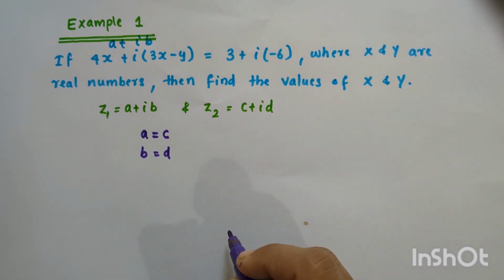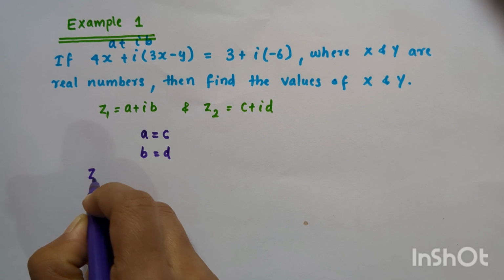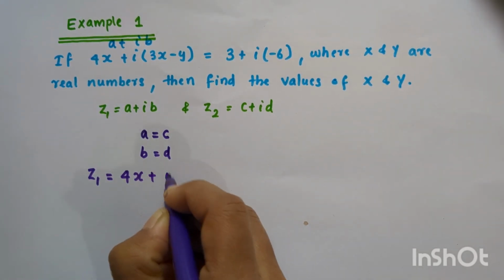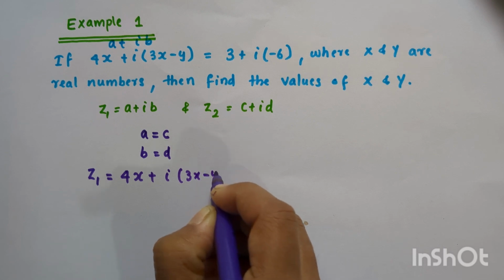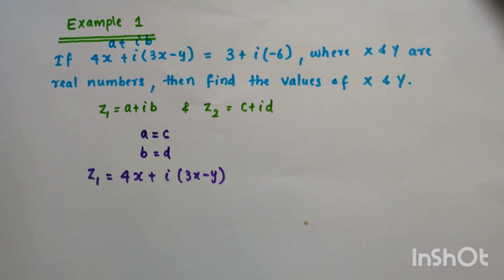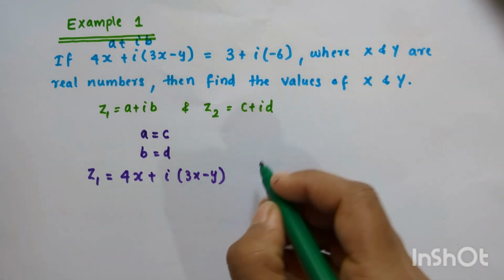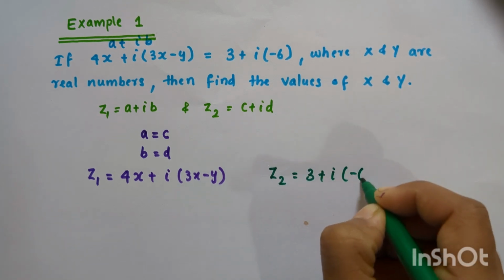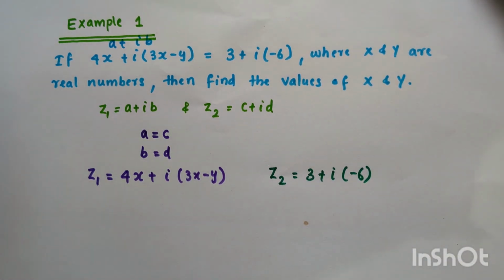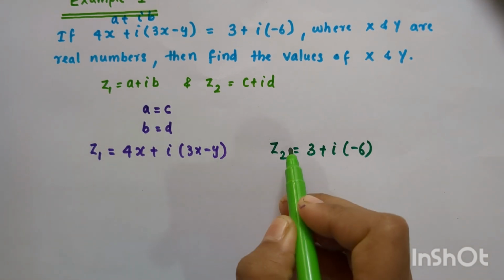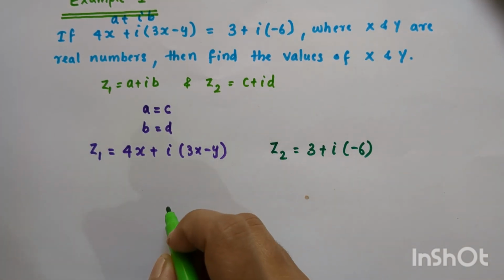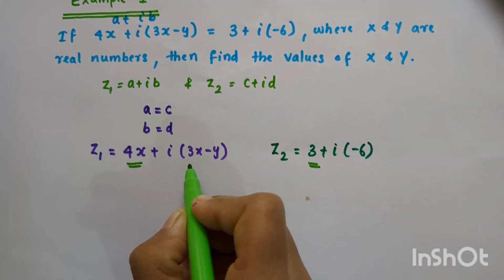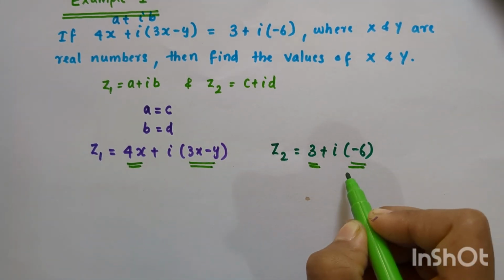Here we have the first complex number z1 as 4x plus i(3x minus y), and we have the second complex number z2 as 3 plus i(minus 6). These two complex numbers are equal. That means their real parts are equal and their imaginary parts are equal.